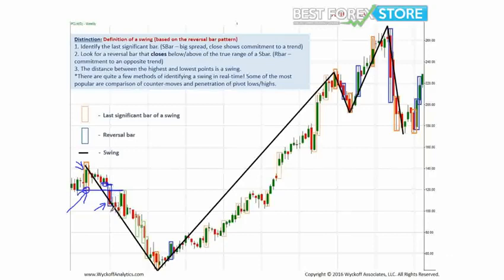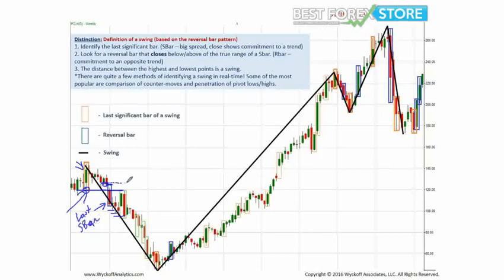As the price goes down, it creates new commitment levels, and my commitment level to the upside, if I want to reverse, is all going to be about this bar right here. This was the last significant bar to the downside. So therefore, this is the bar that needs to be reversed.